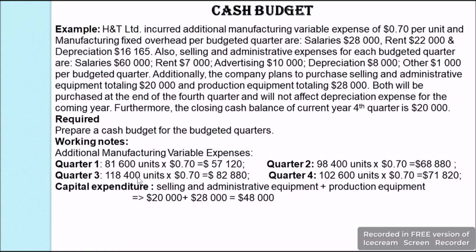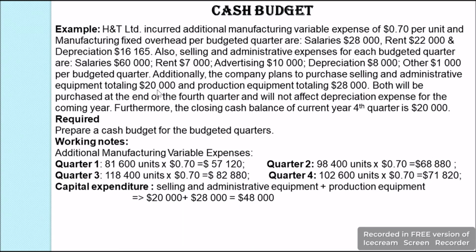$68,880. In the third quarter, the units produced are 118,400 units. We multiply it with 70 cents, we get the value as $82,880. Then in the quarter 4, we have the units produced as 102,600 units. We multiply it with the 70 cents, we get the value as $71,820.